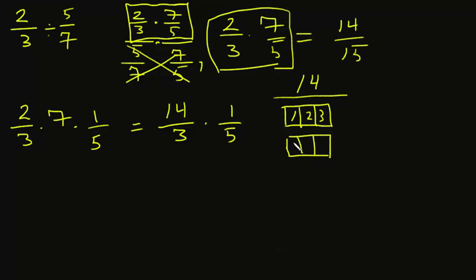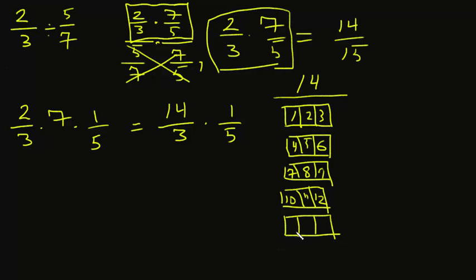And then we've got 4, 5, 6, 7, 8, 9, 10, 11, 12, 13, 14. We've been able to fill 1, 2, 3, 4, and 2/3 boxes divided into thirds with our 14.